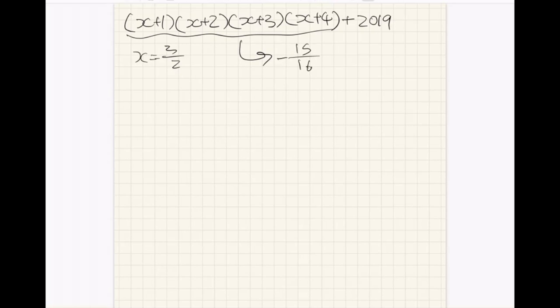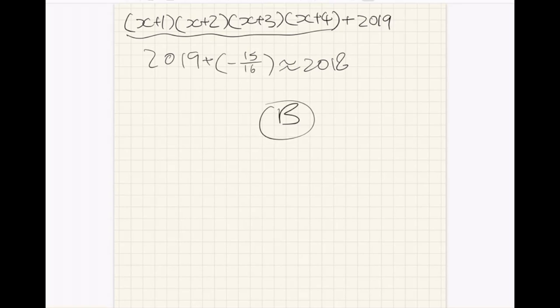Of course, we need to add 2019 at the end, because to get from this expression to this entire expression, it's going to be transformed by the vector (0, 2019). And so if we add 2019 to -15/16, it's going to be approximately 2018. And the closest value is 2018, which is choice B, and that is our answer.